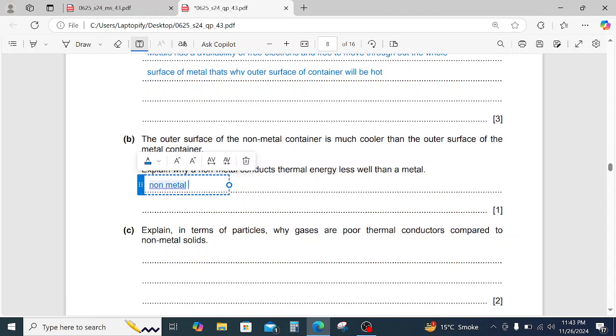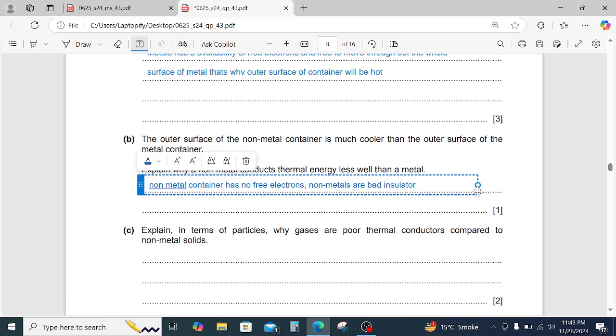Non-metal container has no free electron. And the second point you can write here, non-metals are bad conductors.